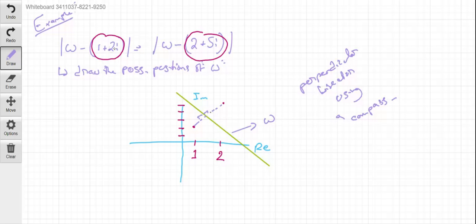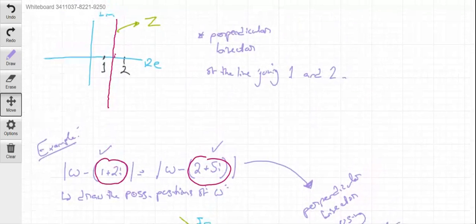But I hope that the takeaway from this video is the connection between equations like this, where you have modulus on both sides and the same unknown complex number on both sides of your equation, and how that translates to the perpendicular bisector that we have drawn in this case and in this case.